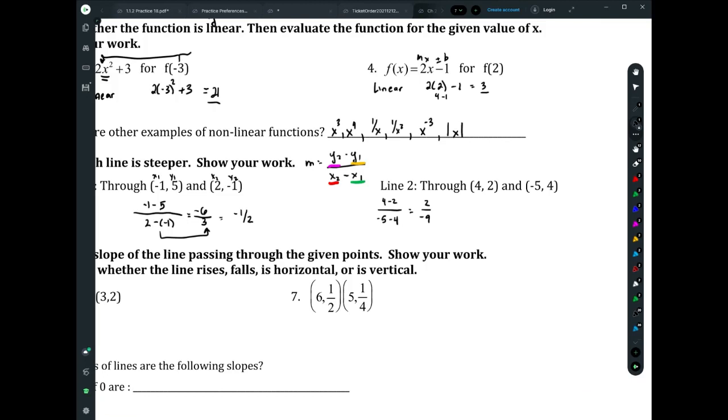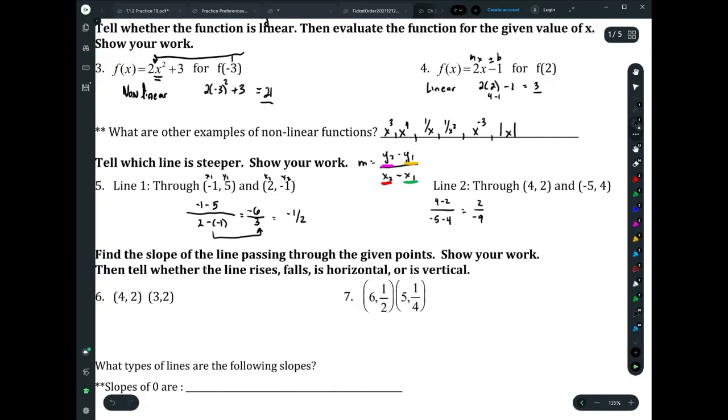To see which is steeper, it's going to be the smaller decimal. The smaller decimal is going to be less steep. So here we have -0.5 and 2/9. It doesn't really matter which is negative or positive.